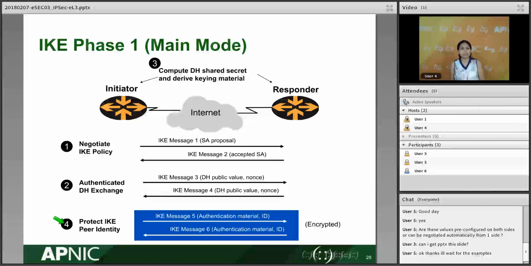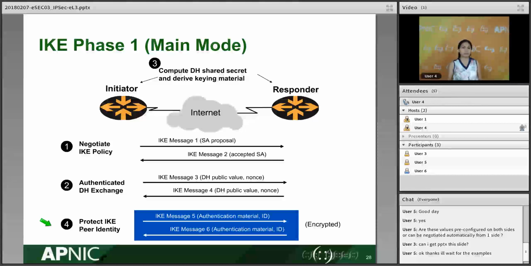And then the last step, of the three-step process, is the IKE peer identity. So you've only provided confidentiality here. You still have to authenticate the other parties. You have to provide authentication mechanisms for that.